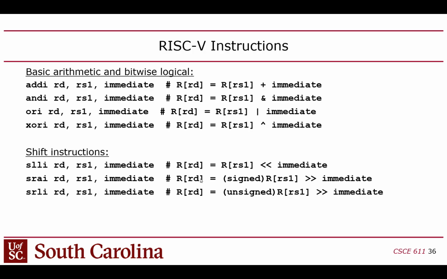Okay, then we have our immediate versions where it's the same as the regular, but there's an I after the mnemonic and you have an immediate. And then the shift instructions also have an immediate version, but they're handled differently than MIPS. In MIPS, there was a shift amount field, whereas in RISC-V, they just use the I-type instruction for the shift immediate.